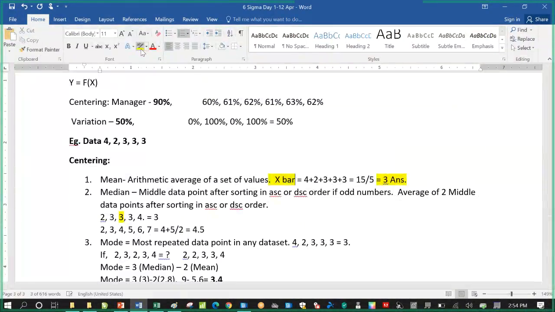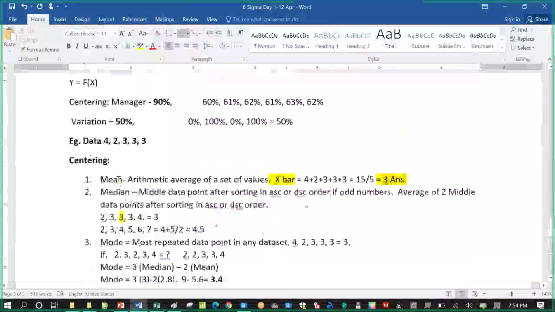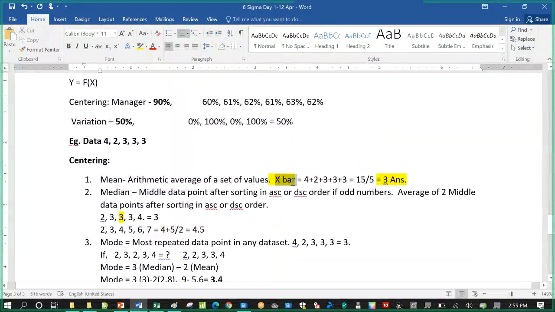Now if I have to calculate, sorry to interrupt, I think we missed the point. What is x and what is x bar? Here, the mean is the arithmetic average of all data points, which is also represented by x bar.